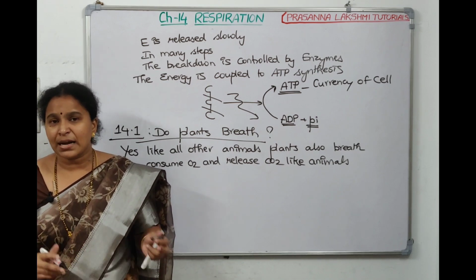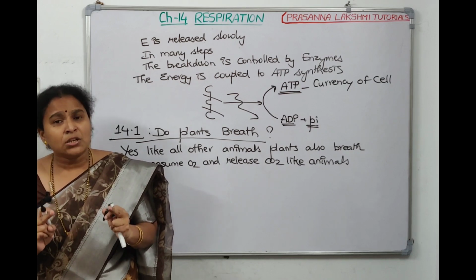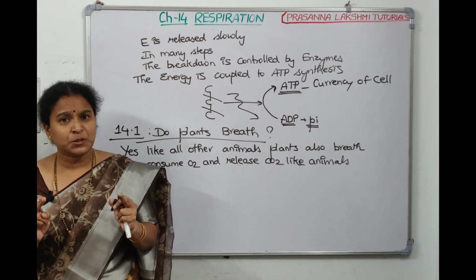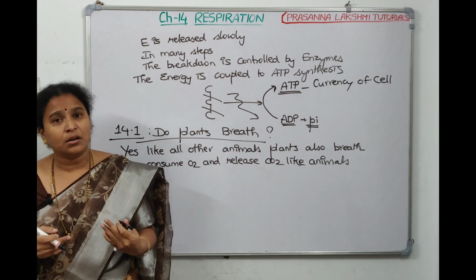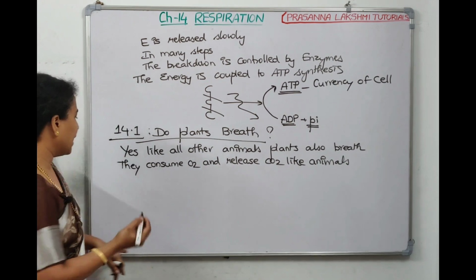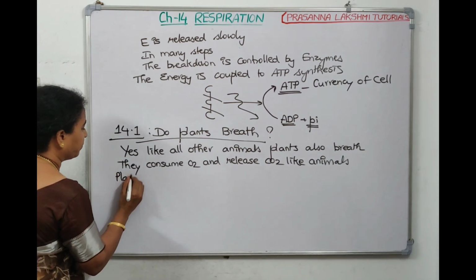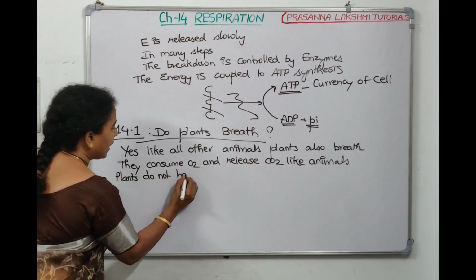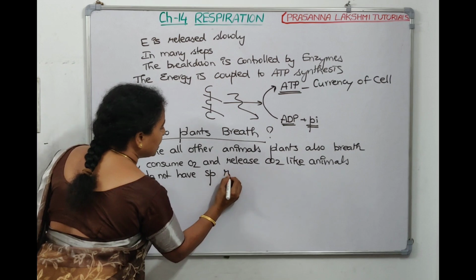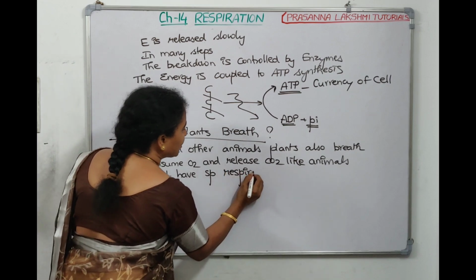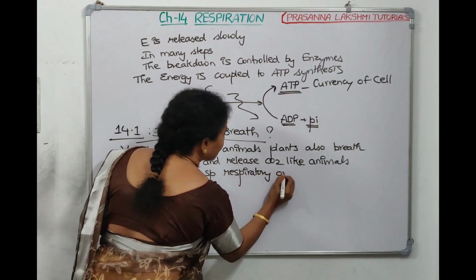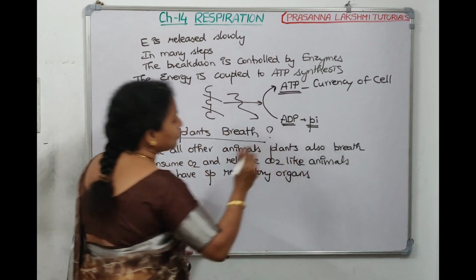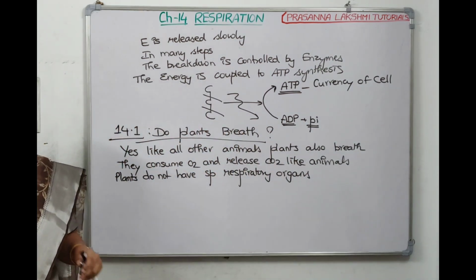Like that, the author asks a question: do plants have specialized respiratory organs like lungs and all? No. So we can tell plants breathe, but they do not have specialized respiratory organs.